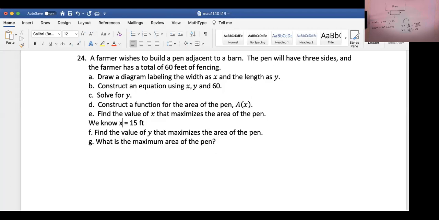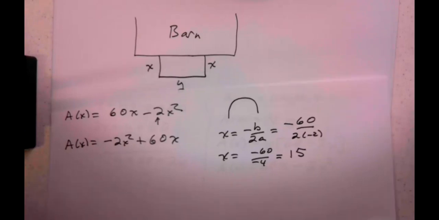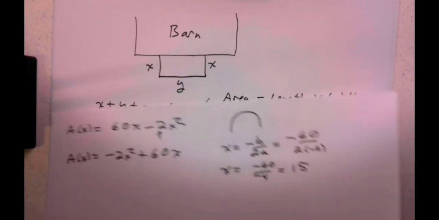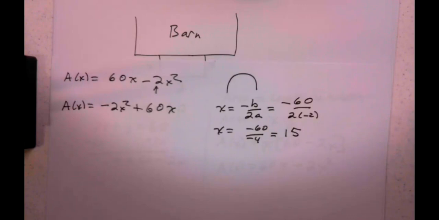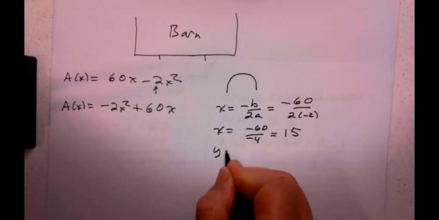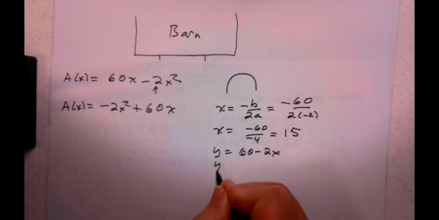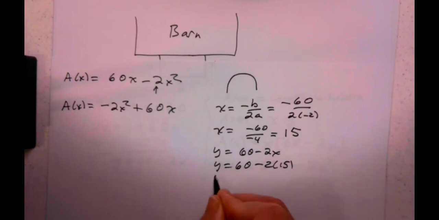Now, how about the value of Y? Where do we get Y? Well, we had this equation right here. Y is 60 minus 2X. So if I know that X is 15, I can say Y is 60 minus 2 times 15.